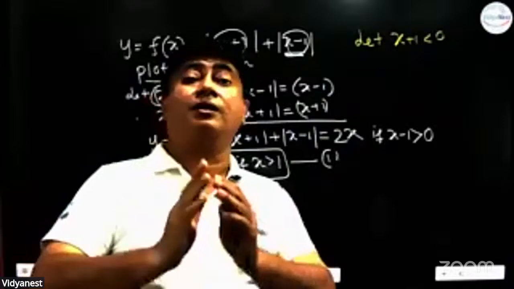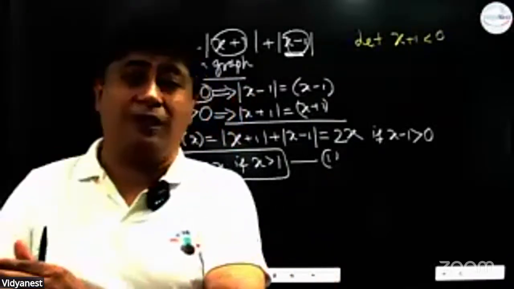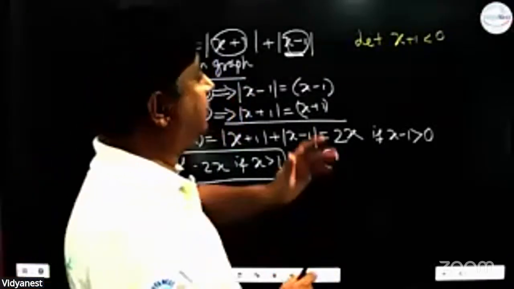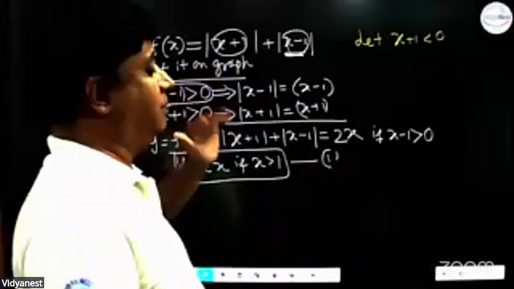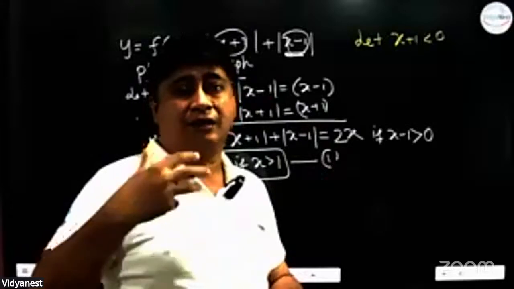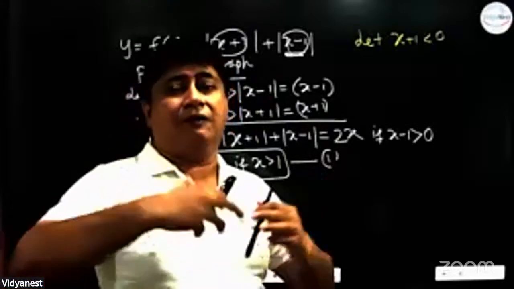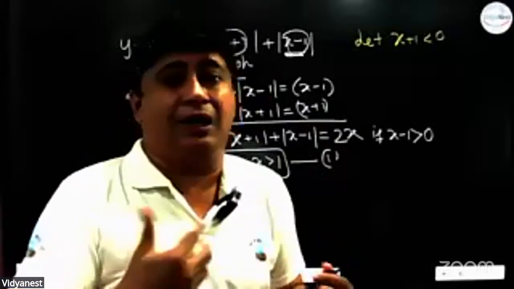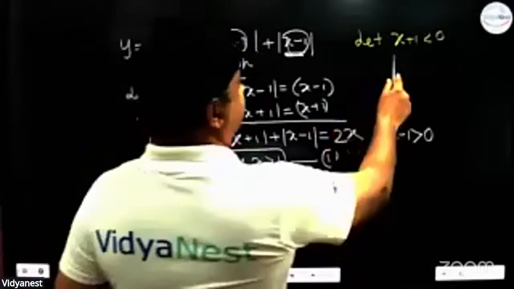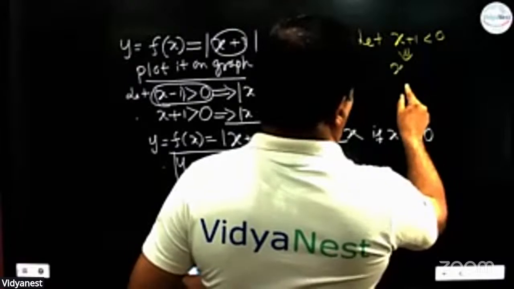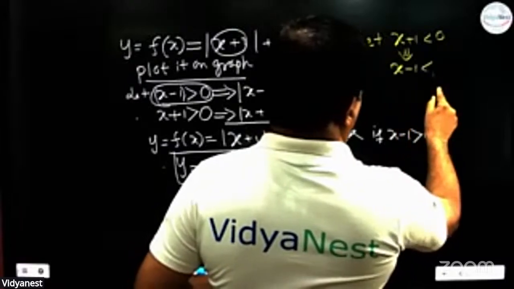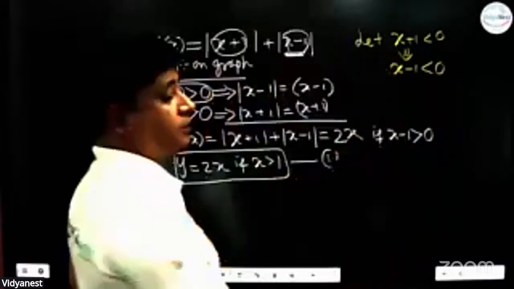That means how can I expect the last boy will get the pass marks? But this example is silly. But see, sometimes in math, if you take some silly example, the toughness of math will become diluted. Okay? So x plus 1 less than 0, it implies smaller number will also be less than 0.